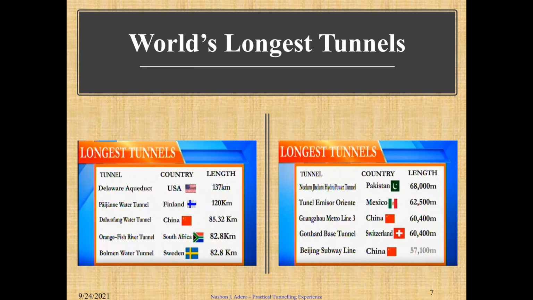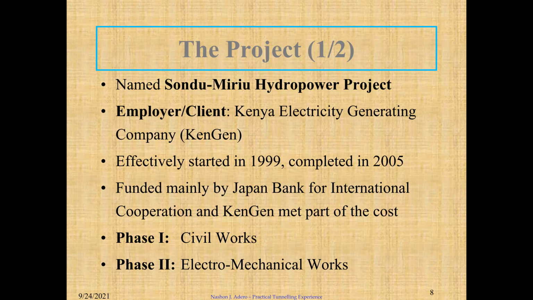So it is just the longest in terms of transportation tunnels. But look at this one in the US, very long, 137 kilometers long. And what of this other water tunnel, 120 kilometers long in Finland. So you'll be able to go through this so that you can have an overview of those tunnels.